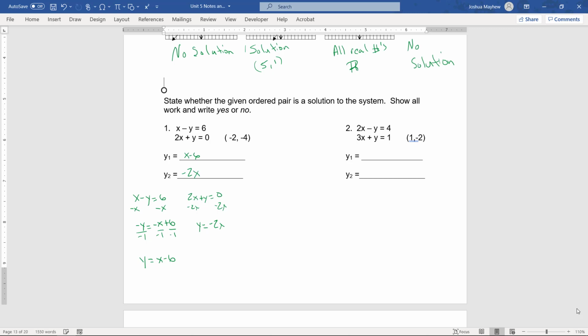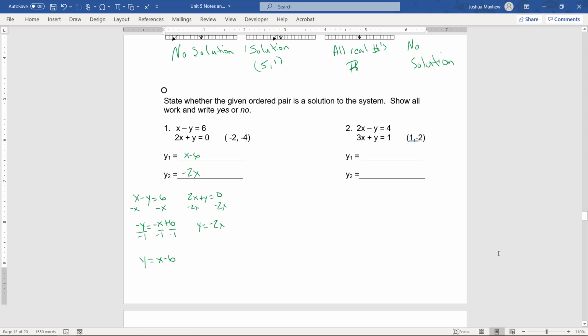There's several ways you can do this. You could plug that point, x and y, into both equations to see if it is a true statement, to see if that point is on both of those. But I do want us to get in a habit of using the calculator.